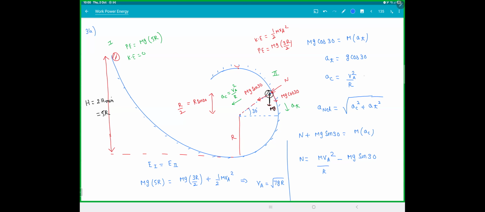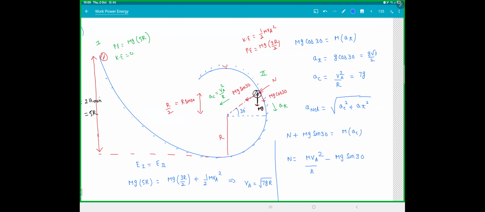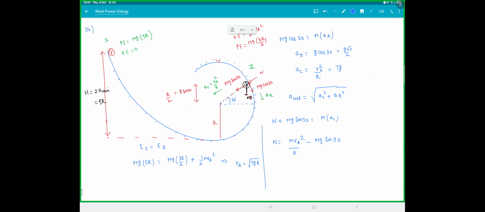Once you got this, what is a centripetal? A centripetal will be 7gr by r, so a centripetal is 7g. G cos 30 is g root 3 by 2. If you do a centripetal square plus a tangential square, this turns out to be root over 49 plus 3 by 4, that's 196 by 4.